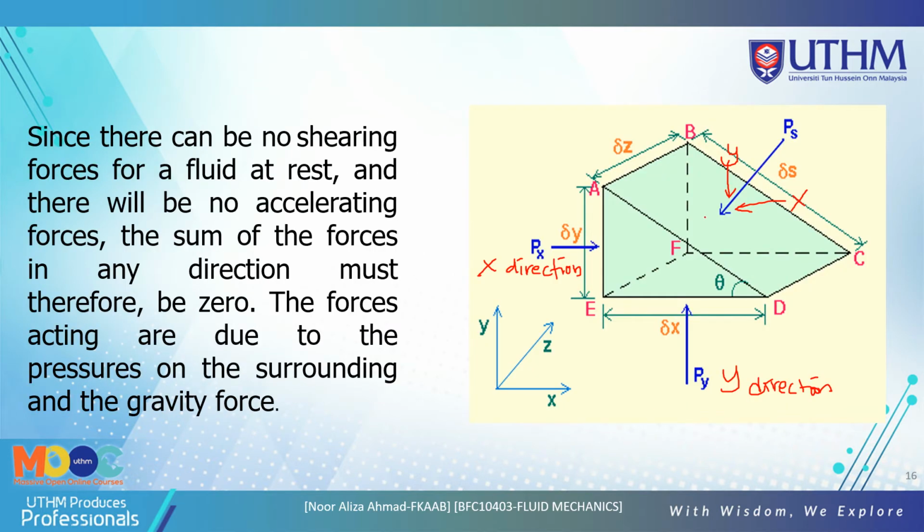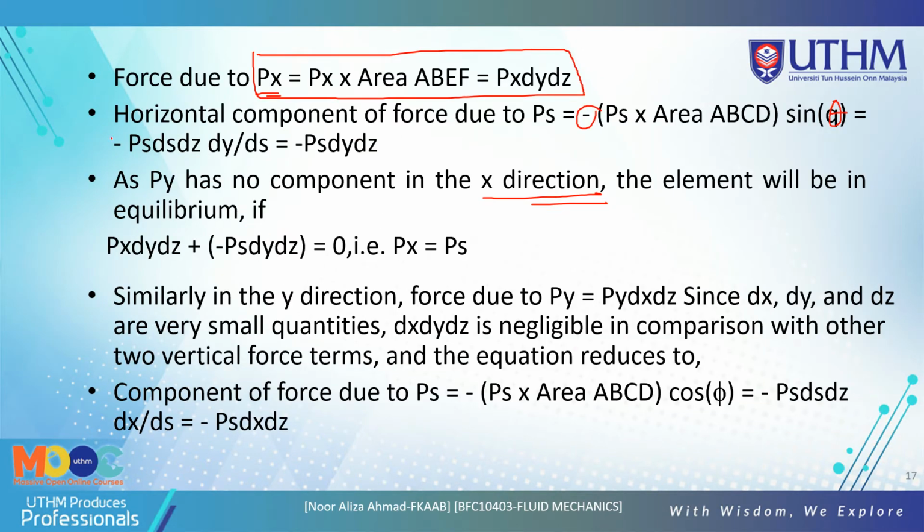There is no ds here, so we just look at this part, and we get negative PS times dy dz. So to get the force of PS, you must know it is the negative pressure of PS times dy dz. This is for the x direction.